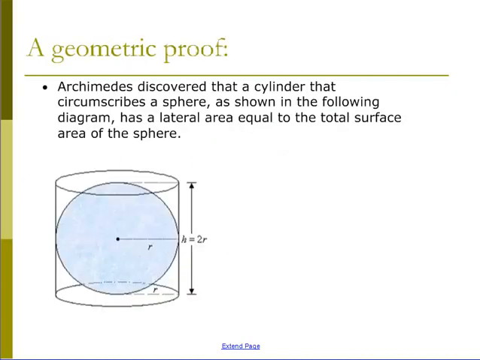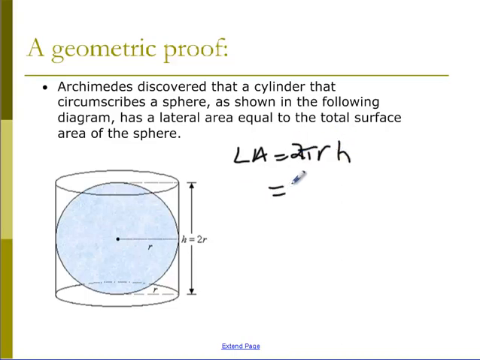So Archimedes was a mathematician a long time ago, and he discovered that a cylinder and a sphere have something in common. That if I take just the lateral area of a cylinder and I cut it up and kind of piece it together, it is the surface area of a sphere. So the lateral area of the cylinder is 2 pi r times the height.